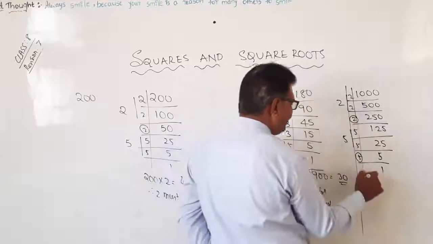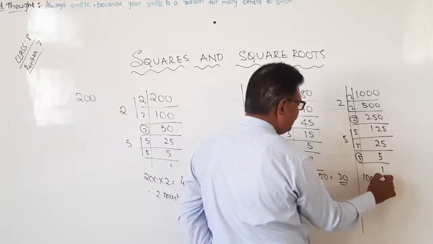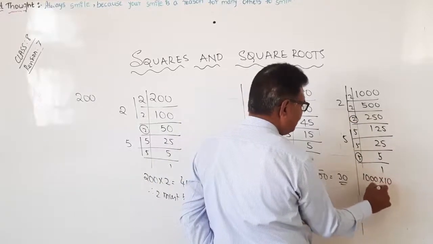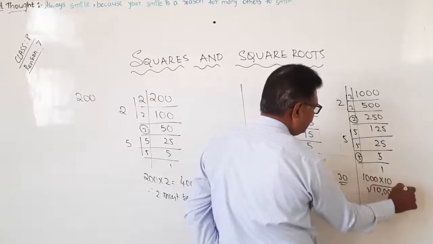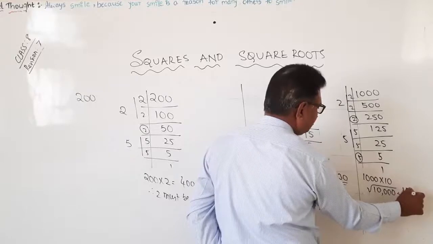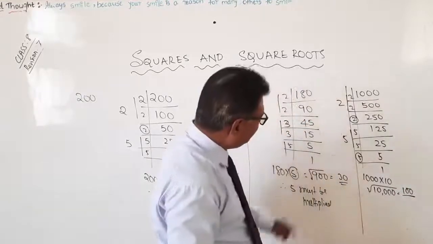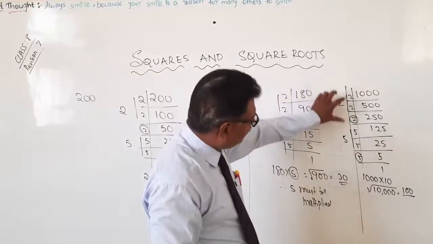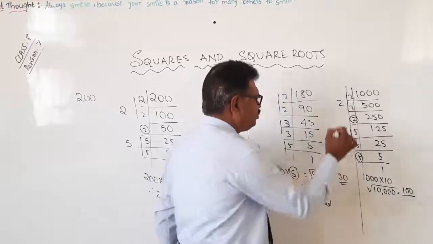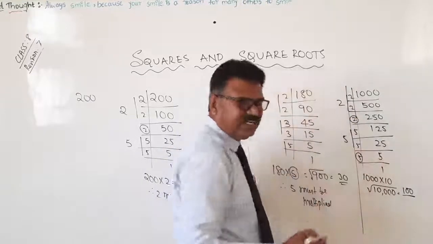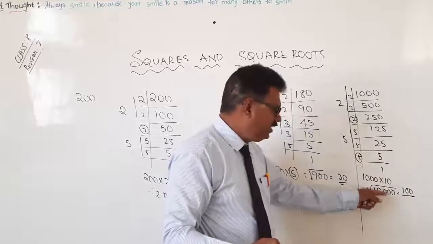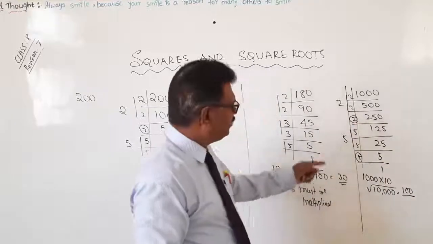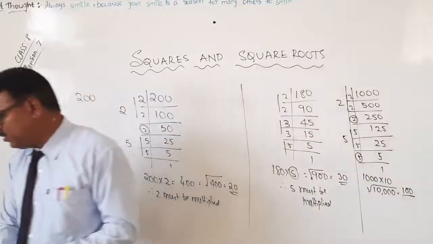Therefore 2 into 5 would get 10. Therefore 1000 must be multiplied with 10 to become 10,000. So the square root of 10,000 is how much? 100. That's all. Are you understanding? So here a pair is there, here also a pair is there. An individual 2 is there, an individual 5 is there. 2 into 5 will become 10. Therefore what must be multiplied? We should multiply with 10 to become a perfect square. Okay, now? Yes.